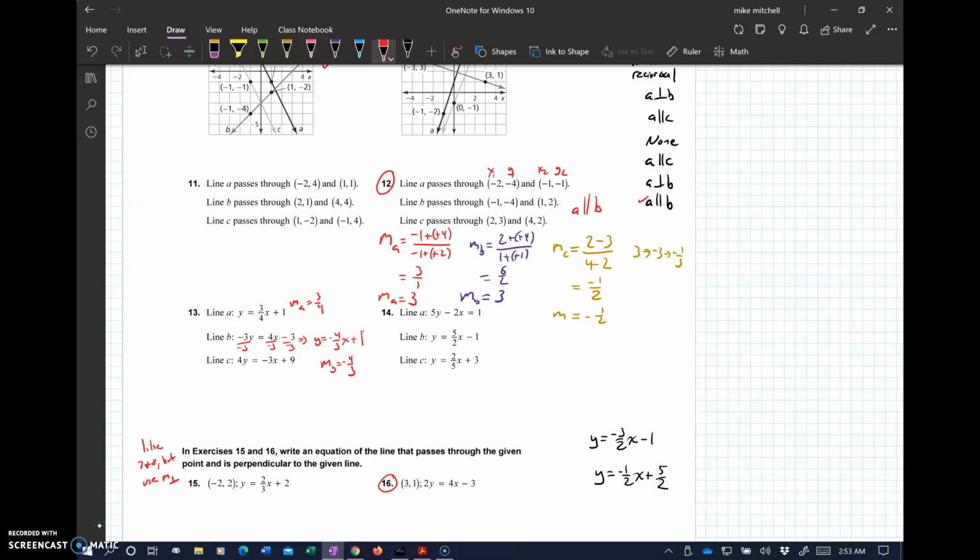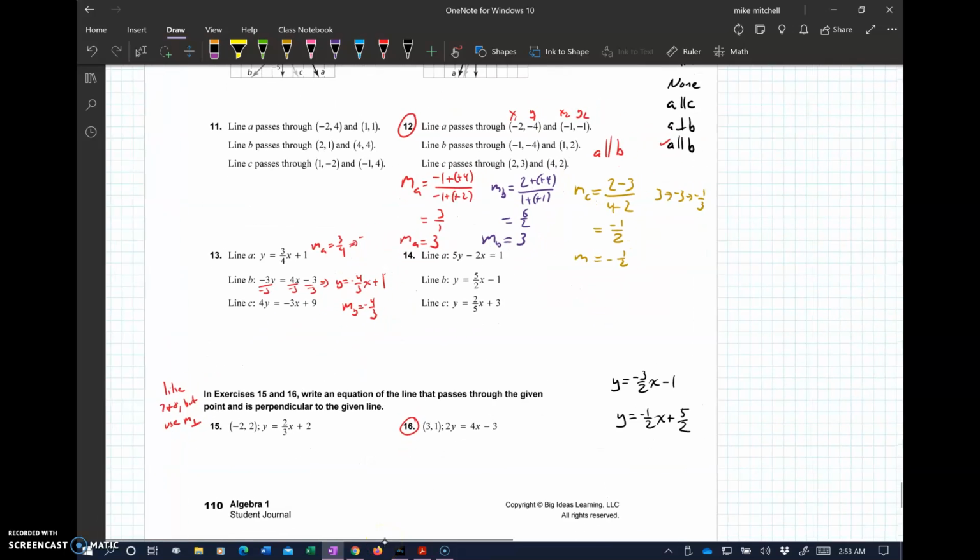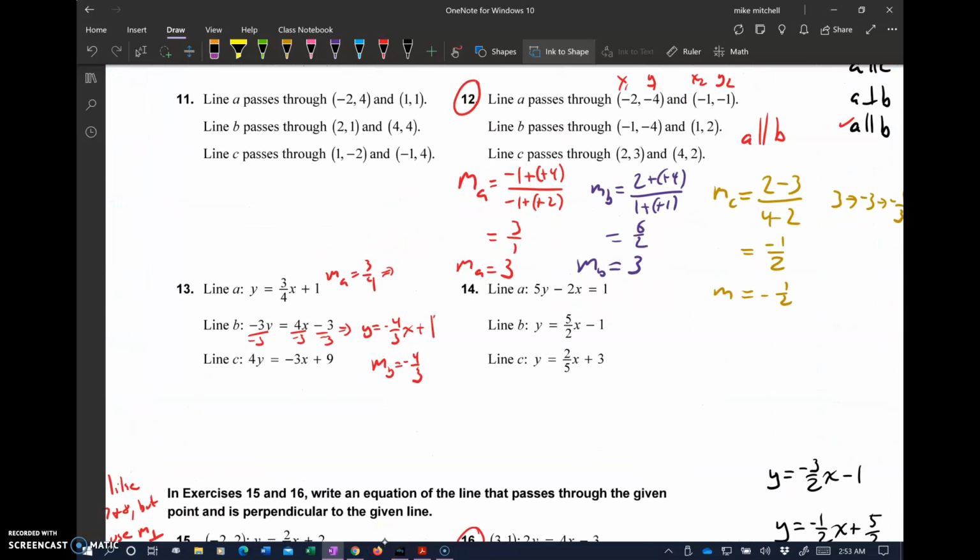I can see that's perpendicular to line A. 3/4 would go into -3/4 as the opposite, and then my reciprocal would be -4 over 3, which is that number right there. I've got to write bigger for you guys, sorry.